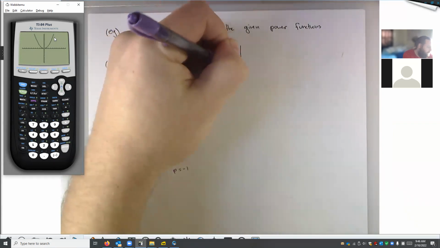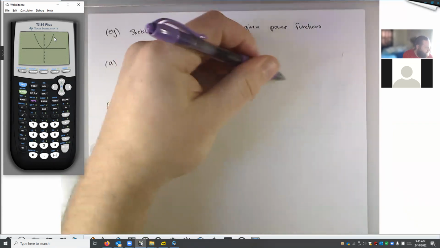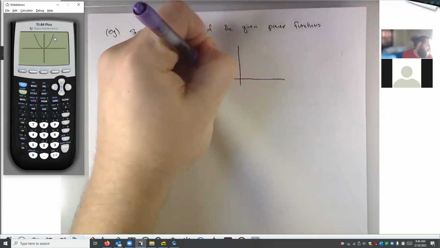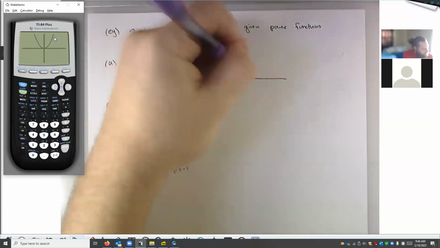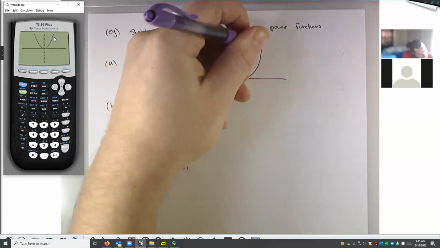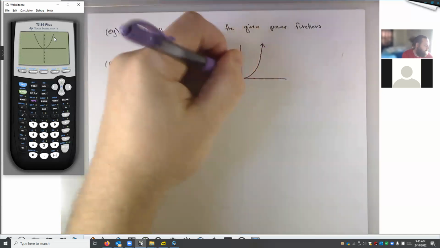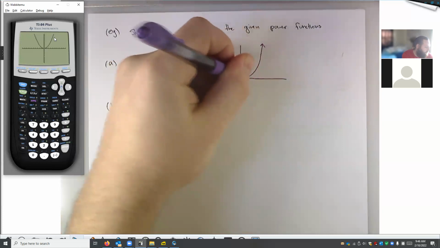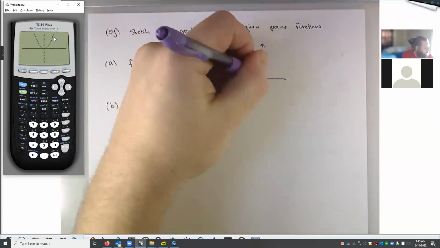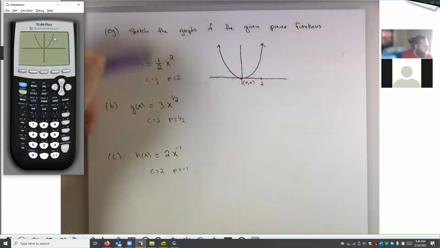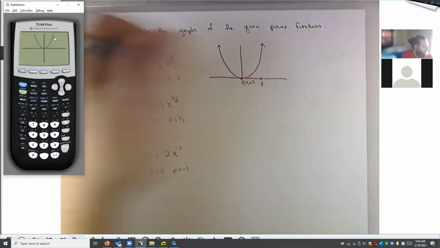And I'm not going to be super detailed here. The graph of f is a parabola. Some points on this graph, clearly 0, 0. If you go to x equals 2, then 2 squared is 4. 4 times 1/2 is 2.